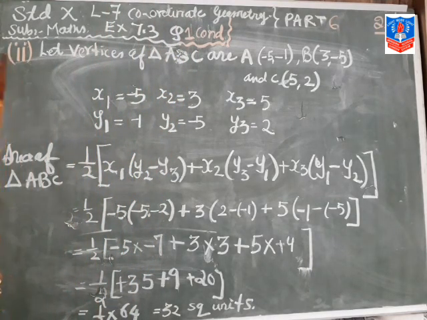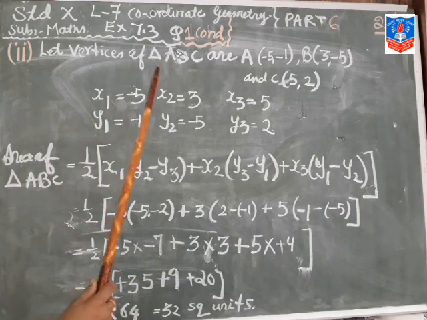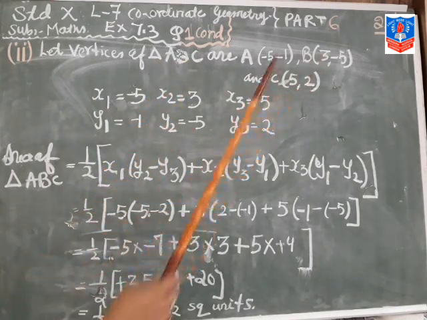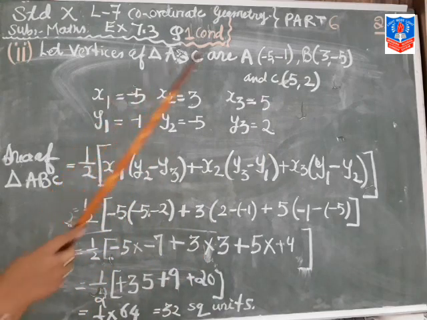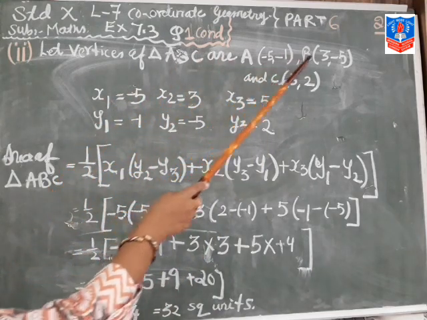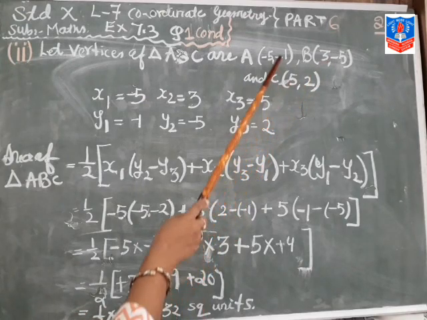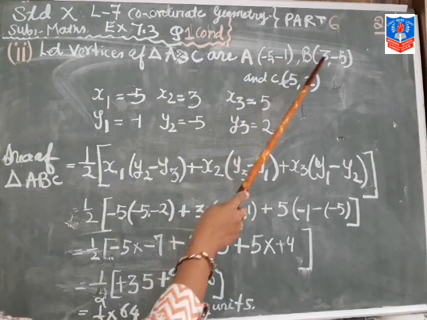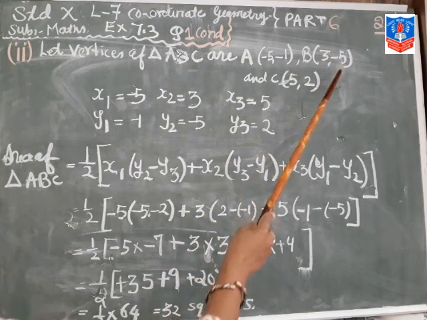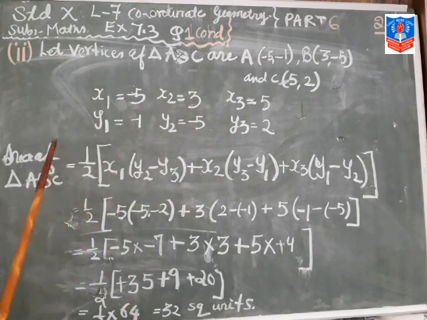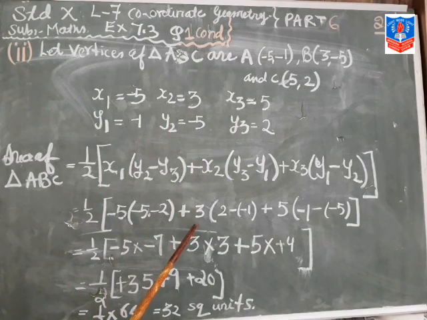Now the second one. Here also find the area of a triangle ABC, where A, B and C are given. x1 = -5, x2 = 3, x3 = 5, y1 = -1, y2 = -5, y3 = 2. This one is easy. Half, x1 is -5, x2 plus 3, x3 plus 5.